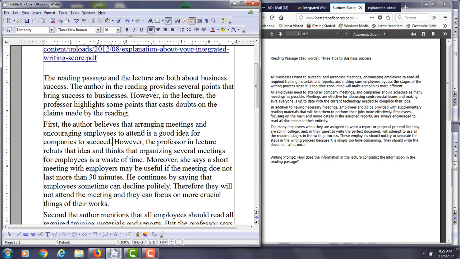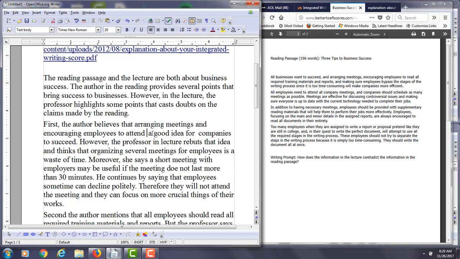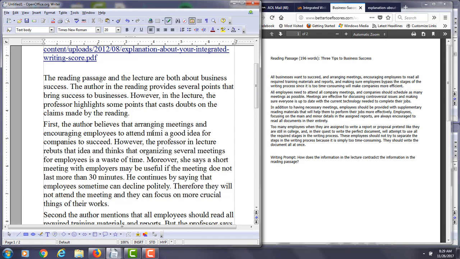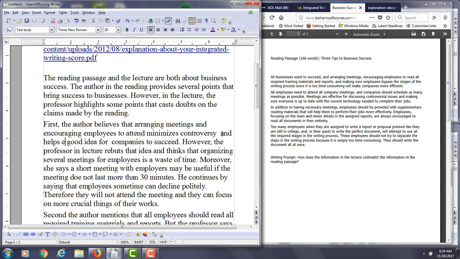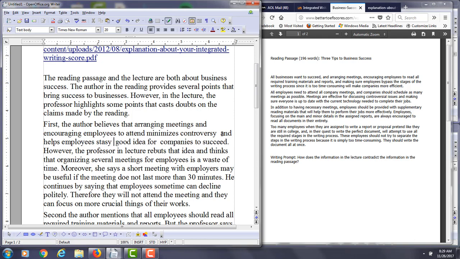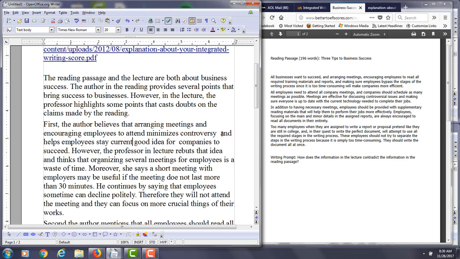So encouraging employees to attend minimizes, we'll say minimizes, so it minimizes controversy, helps employees stay current.